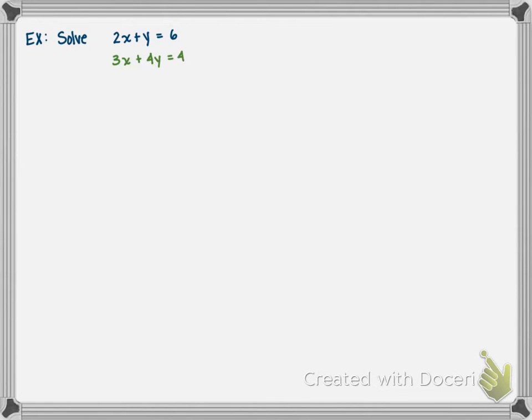Anybody have any ideas which variable you want to solve for? Y. Yeah, so everybody kind of sees why that's the most efficient choice. It's not the only right choice, but when you have a coefficient of 1, so no number in front of one of the variables, it's usually the easiest one to solve for.